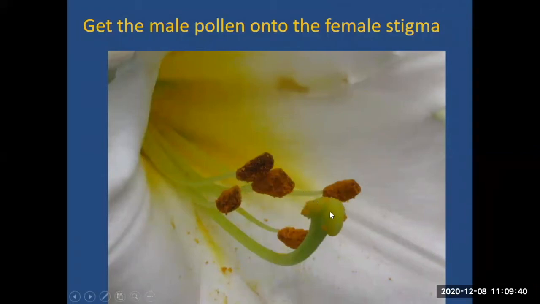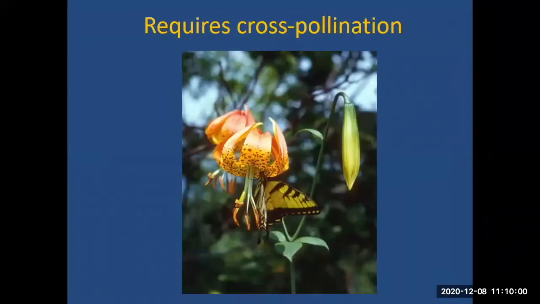Without a pollinator, this pollen would not get onto that stigma. So some animal or human, if humans are doing the pollination, have to take pollen from the anthers of one plant and put it on the stigma in the flower of another plant. And that's called cross-pollination.